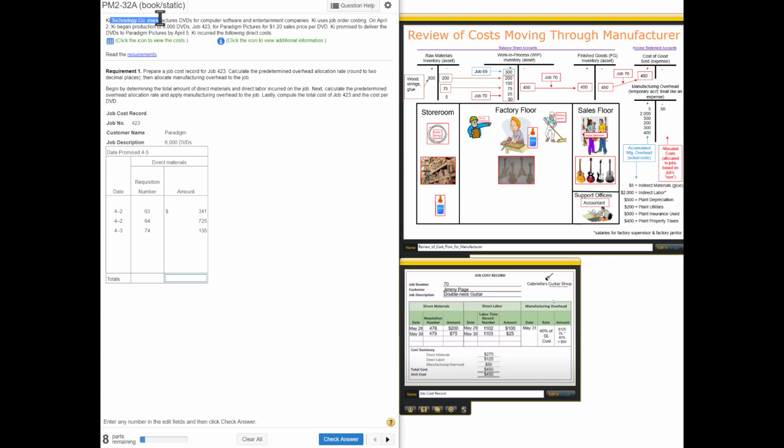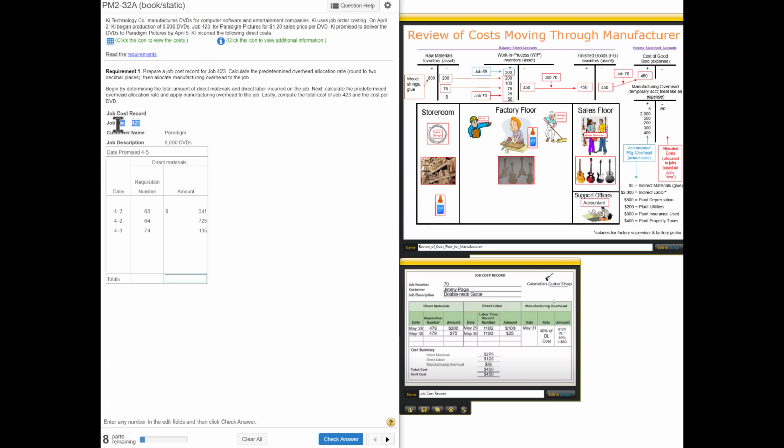So Kai Technology manufactures DVDs for computer software and entertainment companies. Kai uses job order costing. So we're doing jobs that are unique. On April 2nd, Kai began production of 6,000 DVDs, job 423.